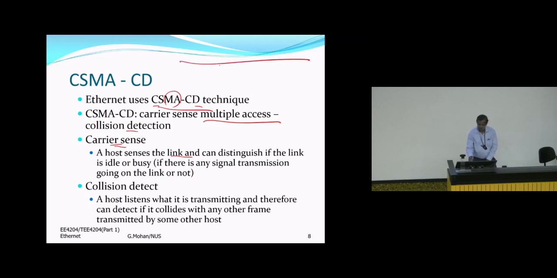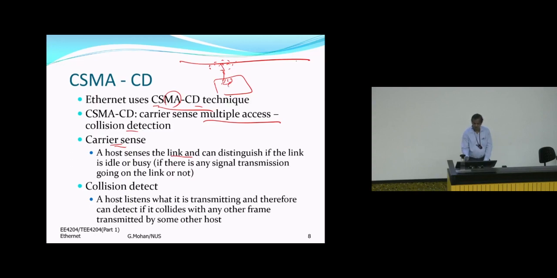Let's say this is a computer. This has an adapter here, right? So it can sense the link. If there is any transmission going on, that means if bits are flowing here, in close proximity, it can see that the link is busy.